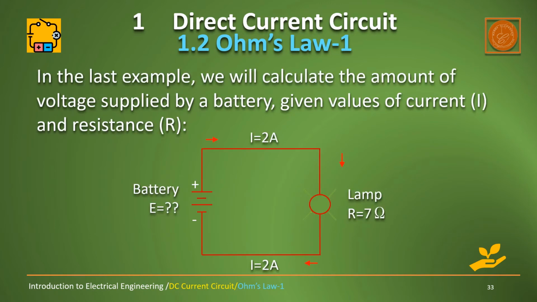In the last example, we will calculate the amount of voltage supplied by a battery, given values of current I and resistance R. We know in this circuit the current is 2 amps and the resistance is 7 ohms.